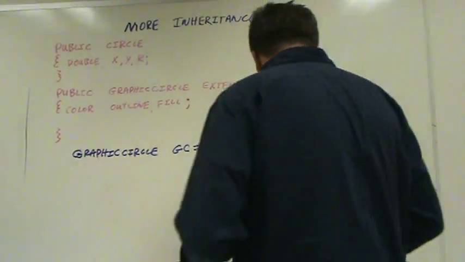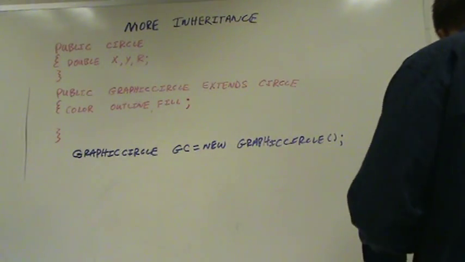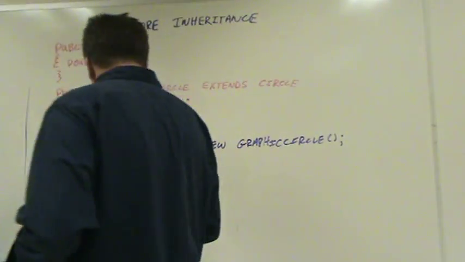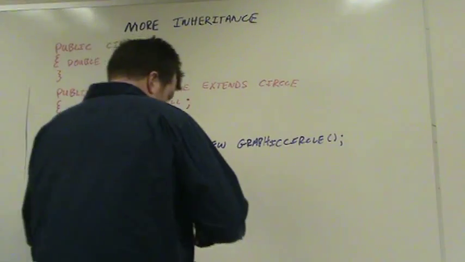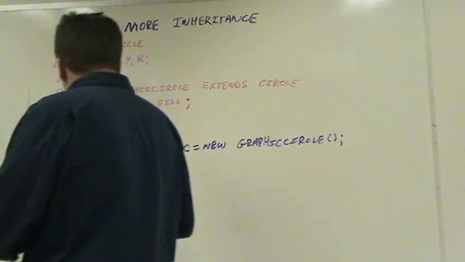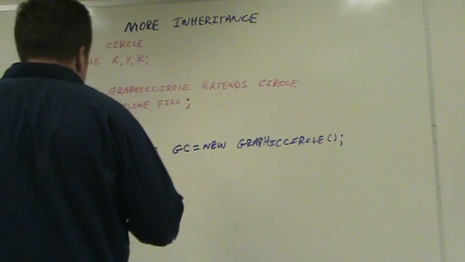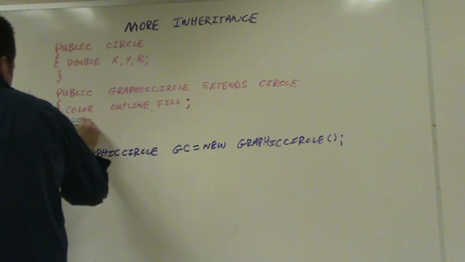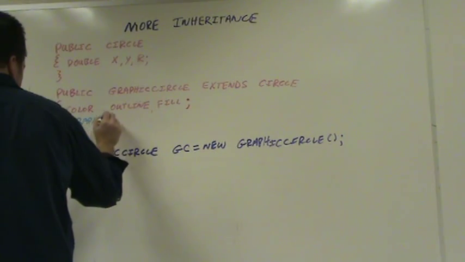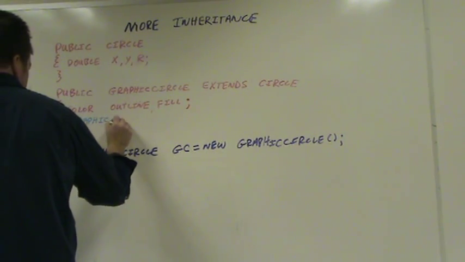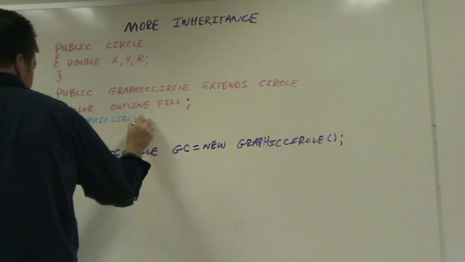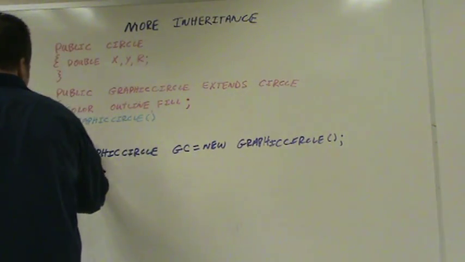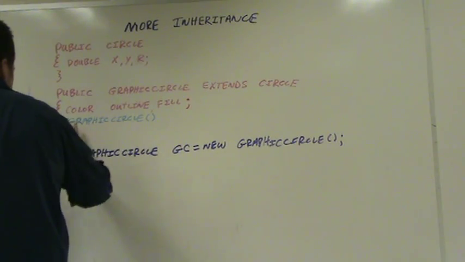So let's just think about what the default constructor is at this point. It was like we had a function called graphic circle, no parameters, open paren.